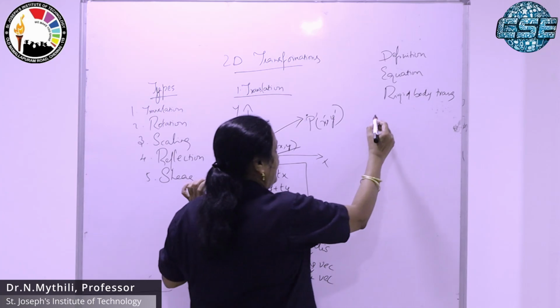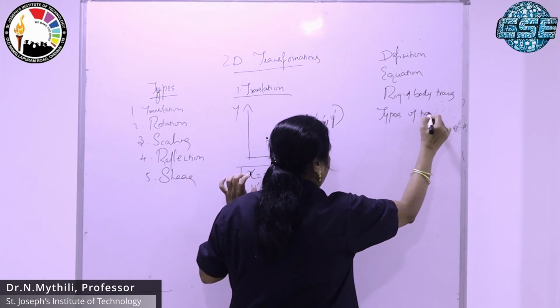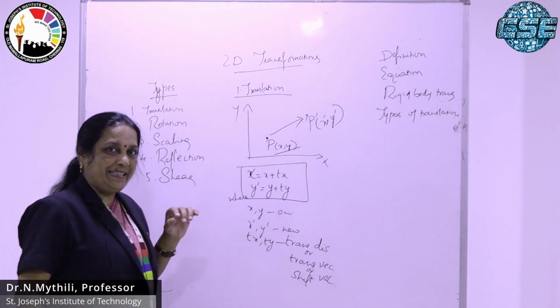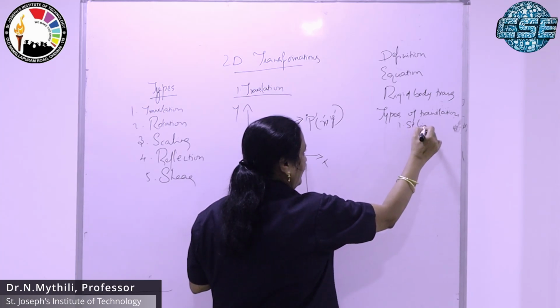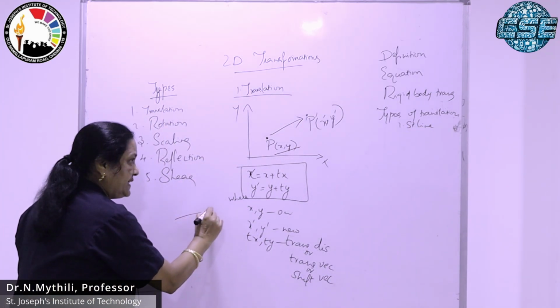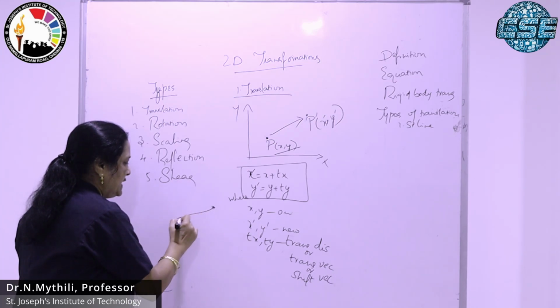Next, types of translation. The first one is straight line translation. Let us assume a line starting from this point to this point.